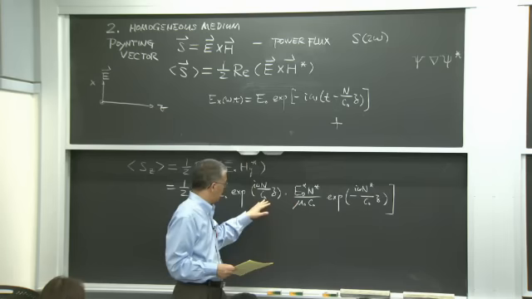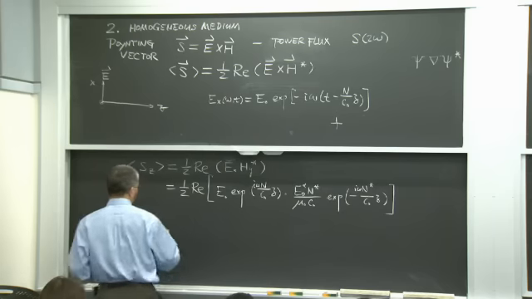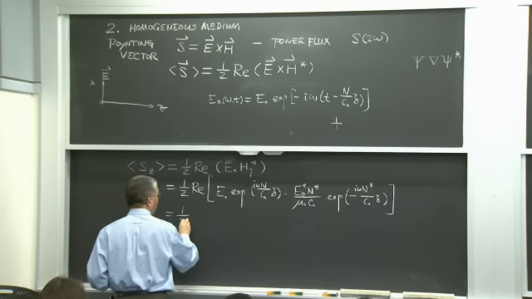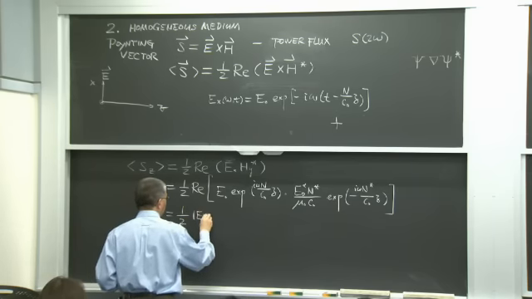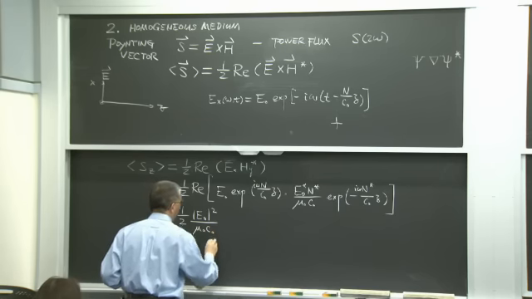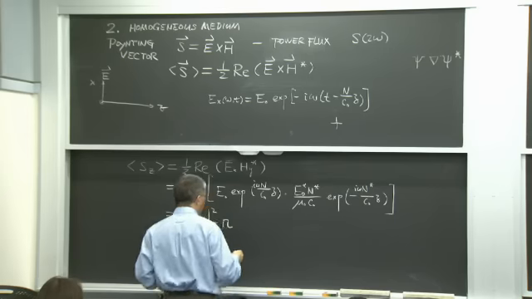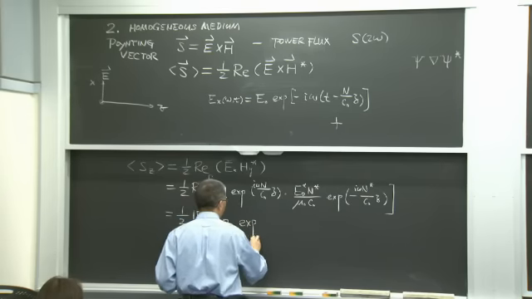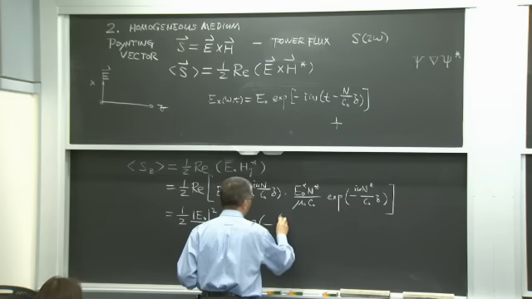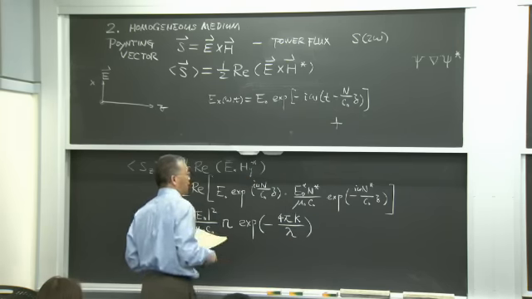So here n is real, and here is the imaginary part in the exponent. So what I have then is 1/2 E0 squared over mu 0 C0, times the real part of n, and exponential of minus 4 pi kappa over lambda, and this lambda is lambda in vacuum.